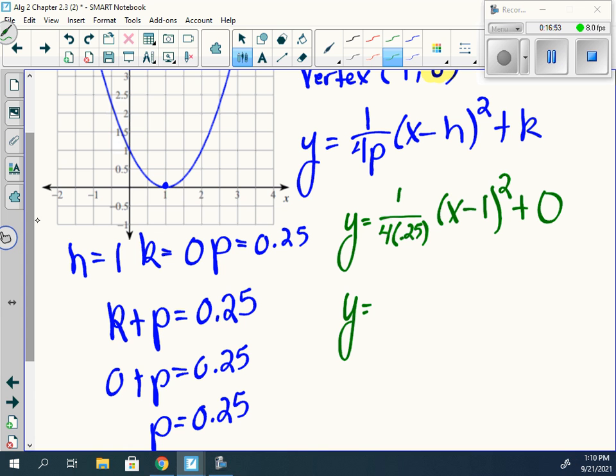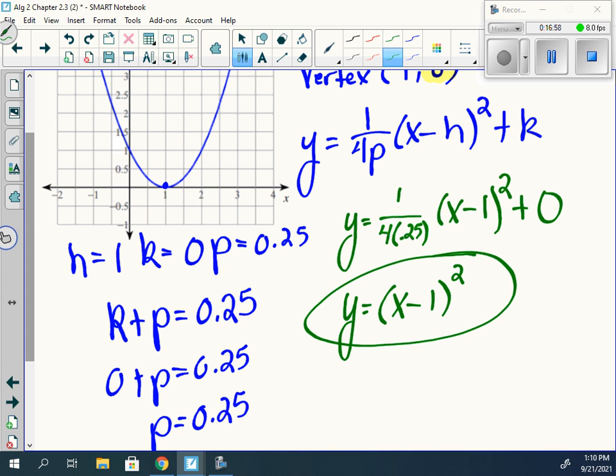We don't have to write times 1. We can just say x minus 1 squared. Because writing 1 times those parentheses is just the same as writing the parentheses themselves. So we don't need to include it. The same with plus 0. There's no reason to include it. Any questions on this here? We ready for the next one?